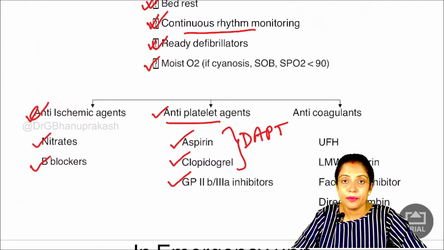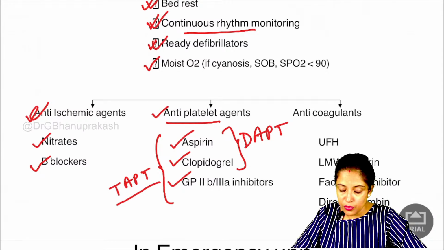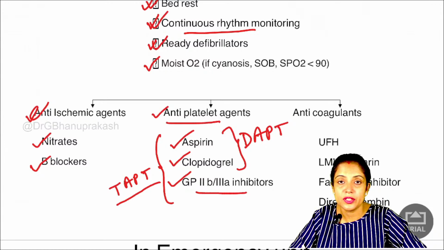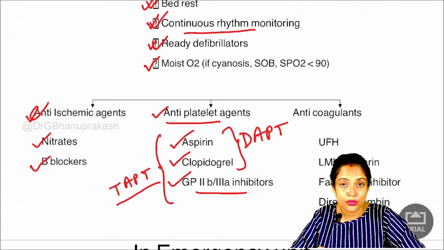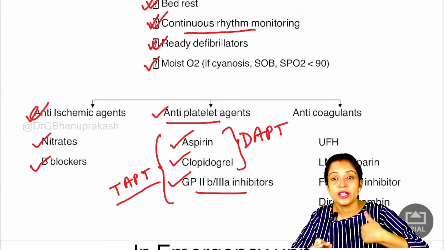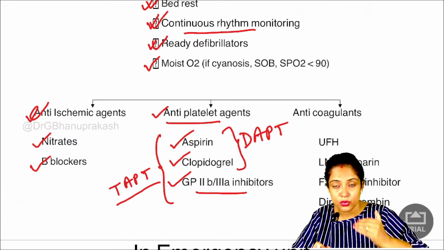Sometimes the patient requires triple antiplatelet therapy. Then we will add the GP2B3A inhibitor. It is usually added to the antiplatelet regimen when the patient requires PCI, or when the patient develops recurrent myocardial infarction on dual antiplatelet agents.